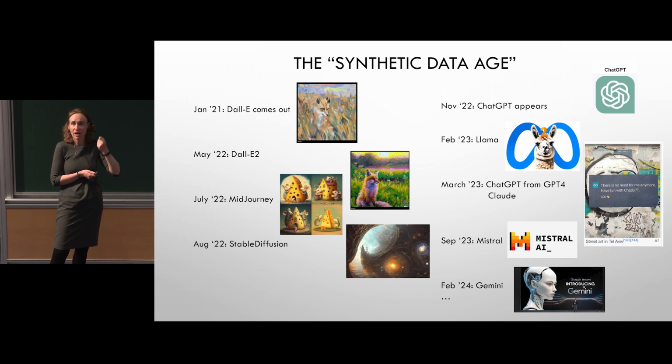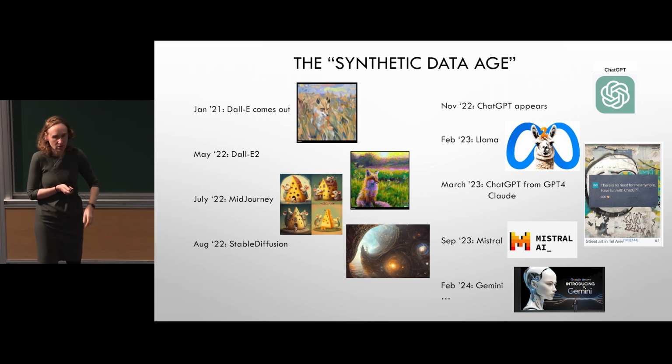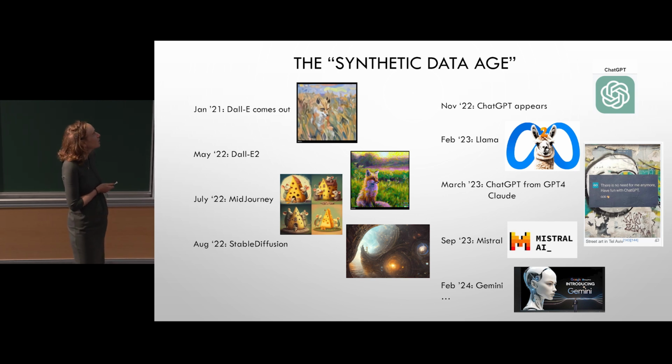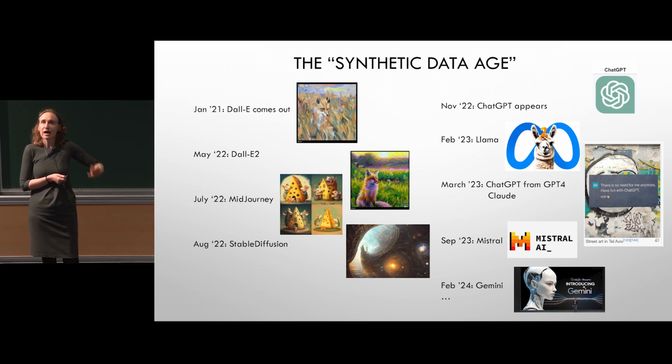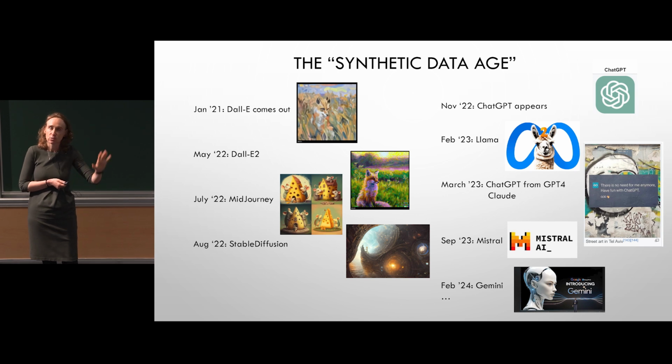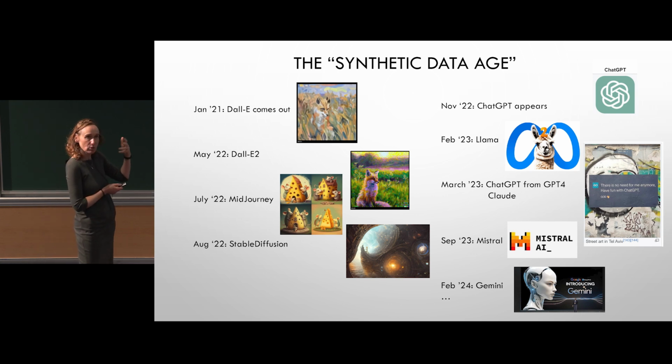So 1 in 1,000 pieces of text are generated by AI. And that's just ChatGPT. And then think of the other models that our friends are producing. So we must contend with the fact that whatever is out there in the world, on the internet or wherever, is more and more synthetically produced by some language model. And this will probably only increase.